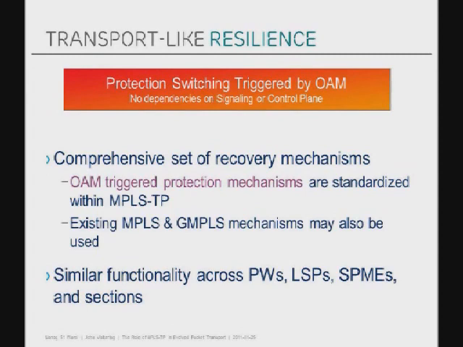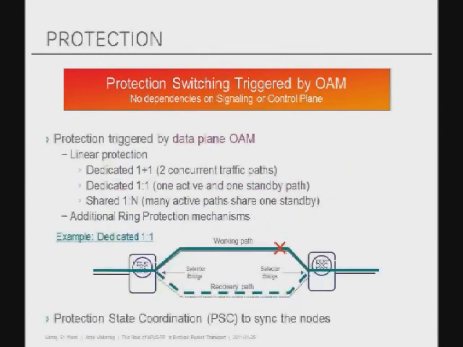This works in a very similar fashion for the pseudo wires as well as for the LSPs as well as for a subsection of LSPs. And basically it is as simple as it is shown on the picture. So there is an OAM between the two endpoints.